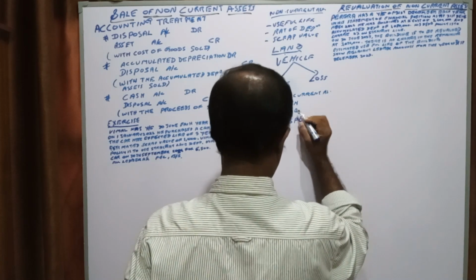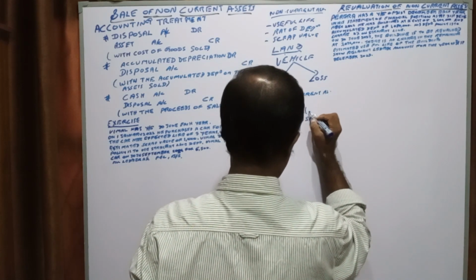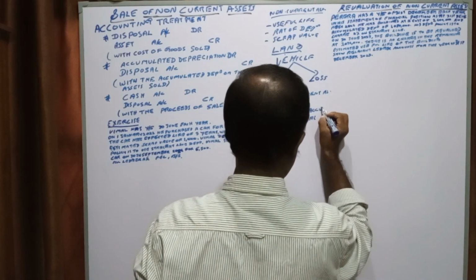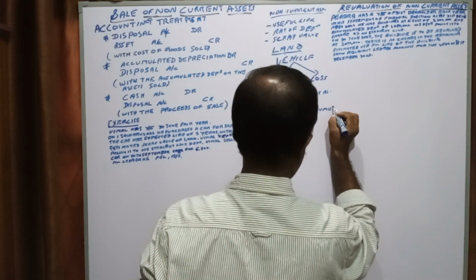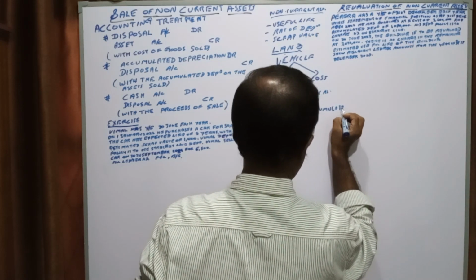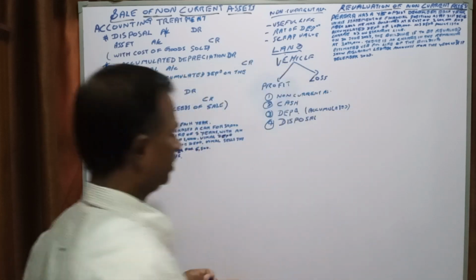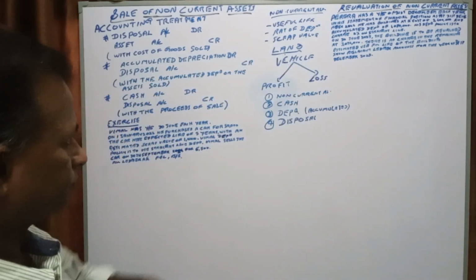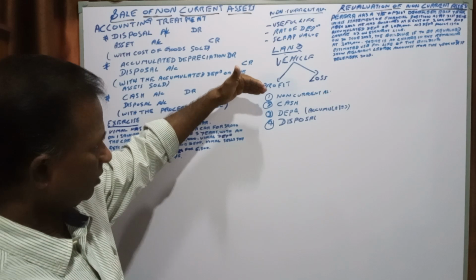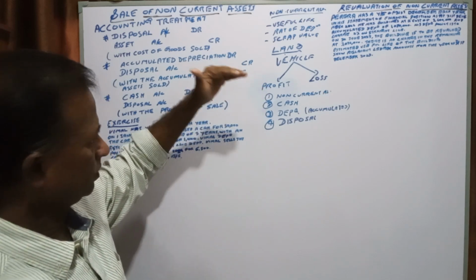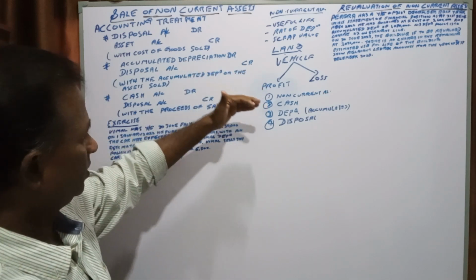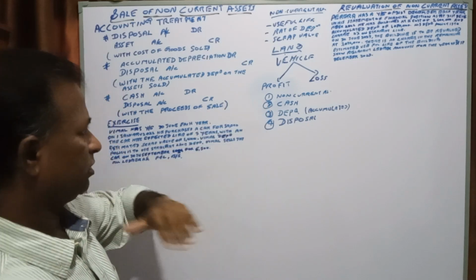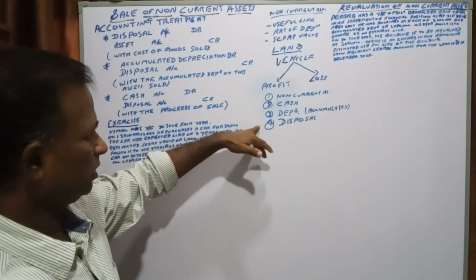Depreciation, in the sense of accumulated depreciation. Non-current asset account, cash account, accumulated depreciation account, and disposal account.